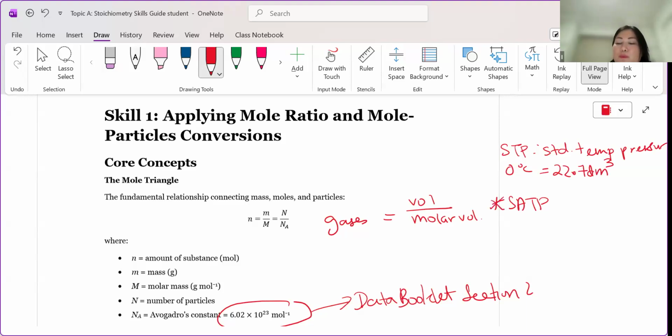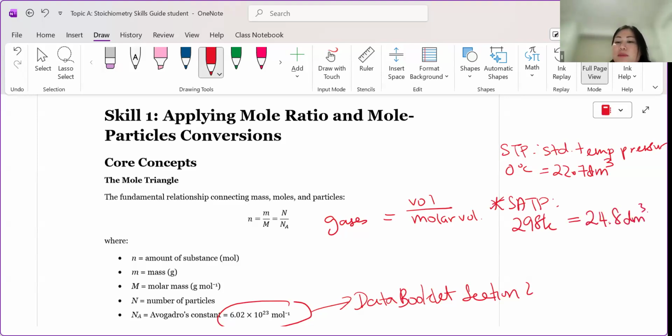SATP is something new to you. It is like your RTP, room temperature pressure. It stands for standard ambient temperature pressure. So standard ambient temperature pressure is usually at about 298 Kelvin. And the value that we are using for the molar volume, in the past you used 24 dm3, but we are using 24.8 dm3 for IB.